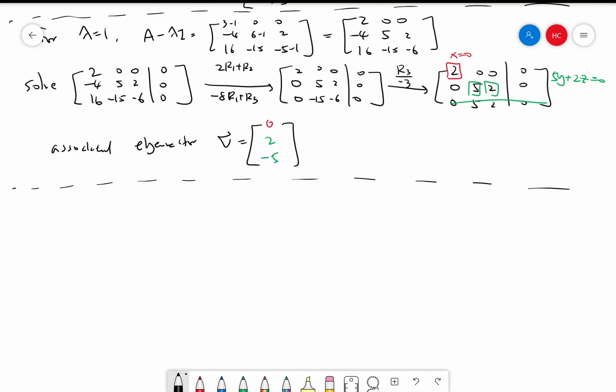So let's finish with the chart. So we have eigenvalues and their associated eigenvectors. So we have 3 eigenvalues. Let's start from the last one because we can still see it. Lambda equal to 1 corresponds to v equals 0, 2, negative 5.